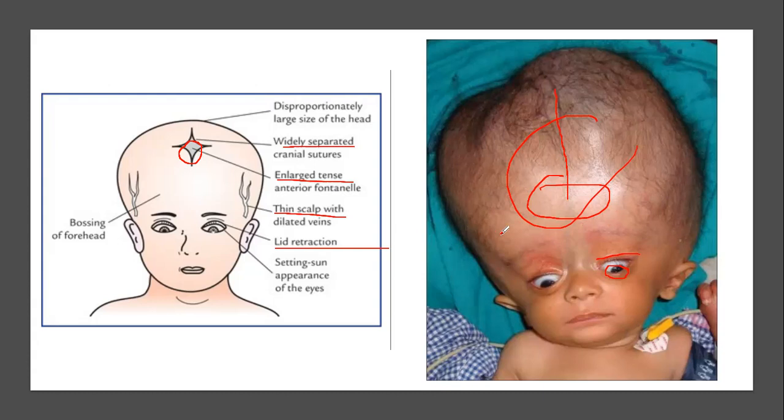So please note this. When there is this hydrocephalus, please don't be tempted to drain CSF from the anterior fontanelle, because that can be detrimental. You know the cerebrum is now just below that, and you can injure the cerebrum, where you are attempting to save the patient.